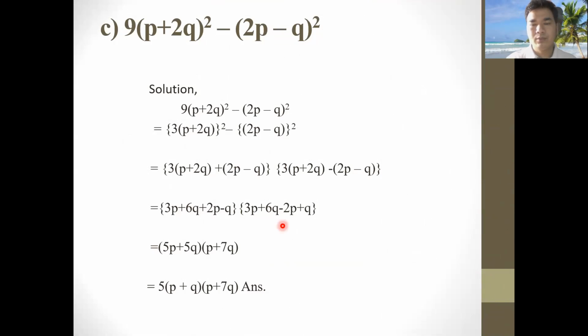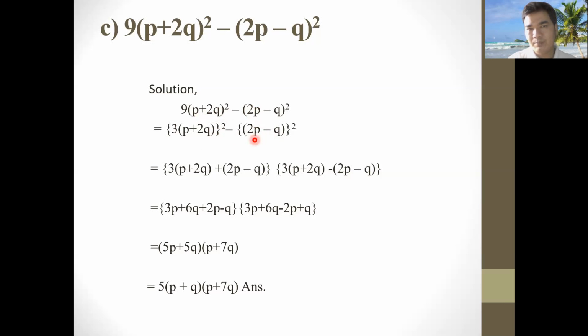Now let's see the next question. Here, 9 into (p plus 2q) whole square minus (2p minus q) whole square. Solution: write the question again. This 9 is the square of 3, that's why write the whole in curly bracket, 3 into (p plus 2q) also in bracket, because when you open this bracket, 9 times (p plus 2q) whole square will come. And this one is in bracket also, (2p minus q), this is b.